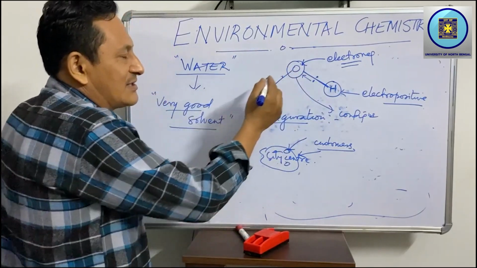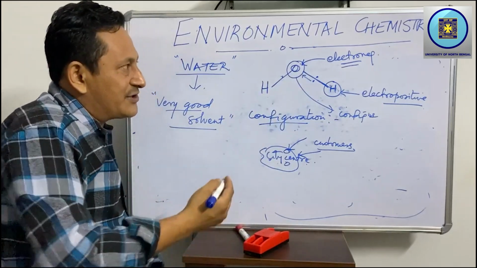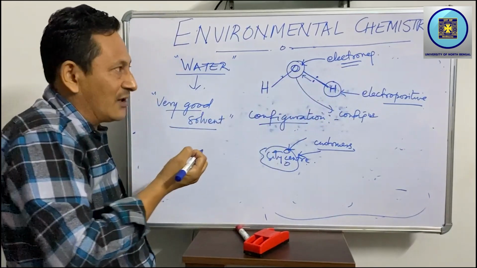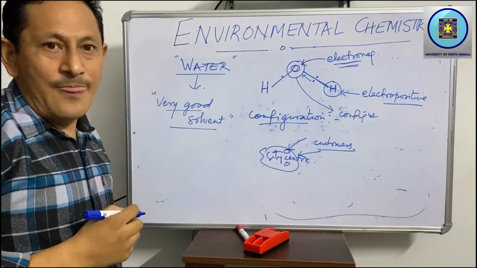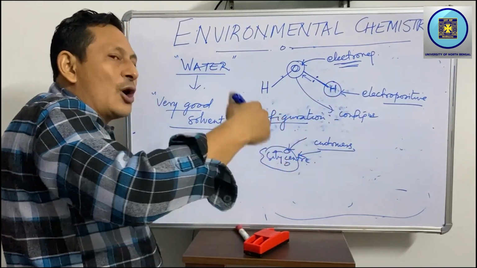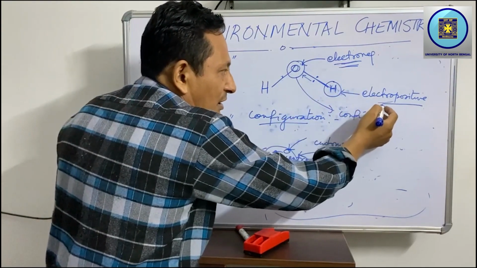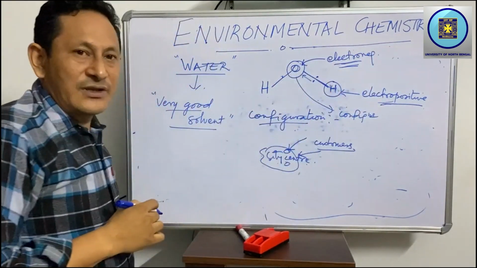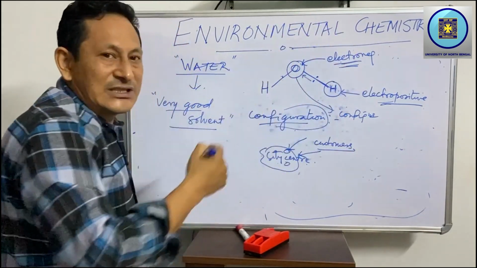When atoms have this inherent tendency or capacity to attract electrons more towards itself, we call these kinds of atoms electronegative atoms. Atoms which do not have that kind of tendency, or which have the opposite tendency of giving off electrons, we call those atoms or elements electropositive. So that's how you relate configuration with electronegativity.